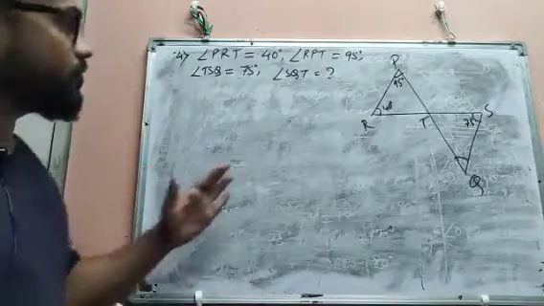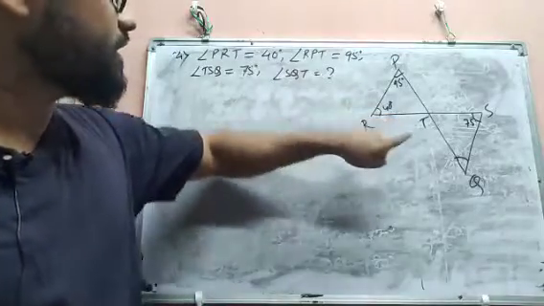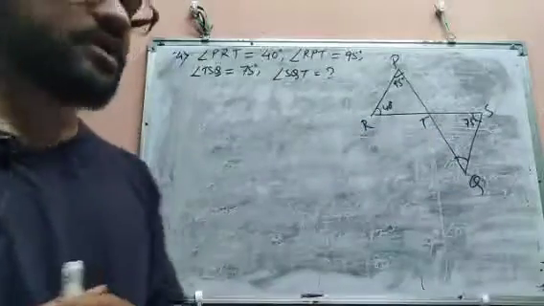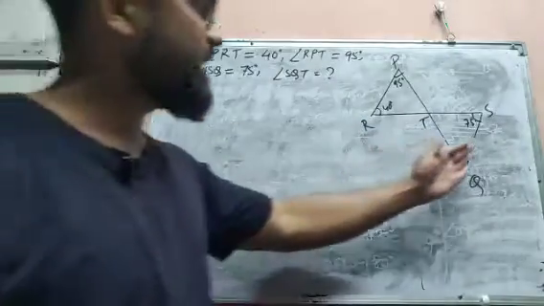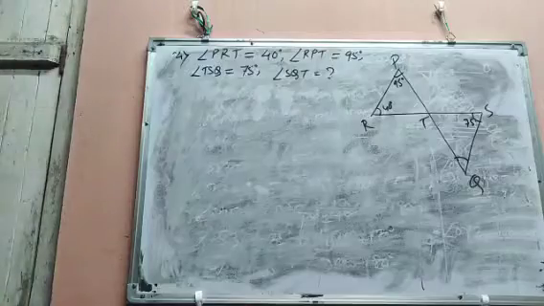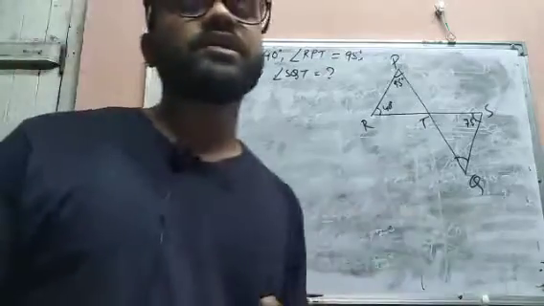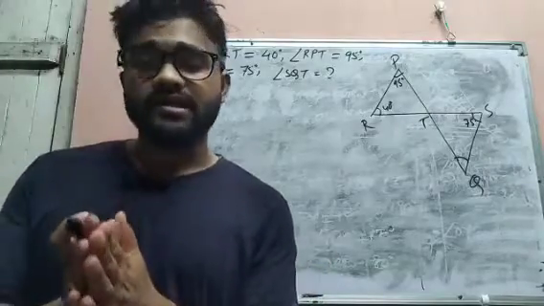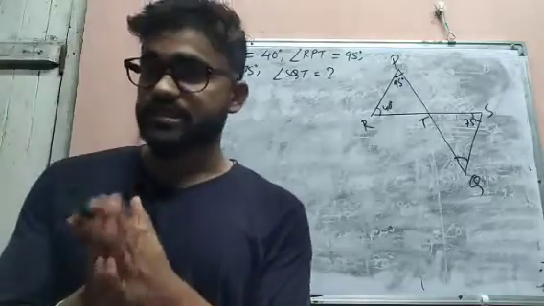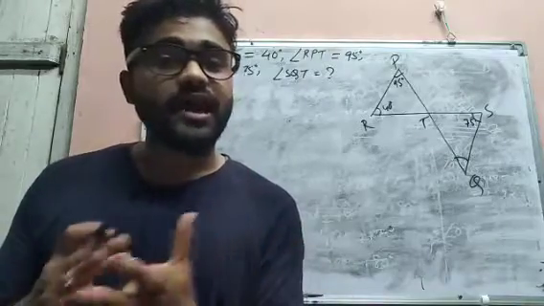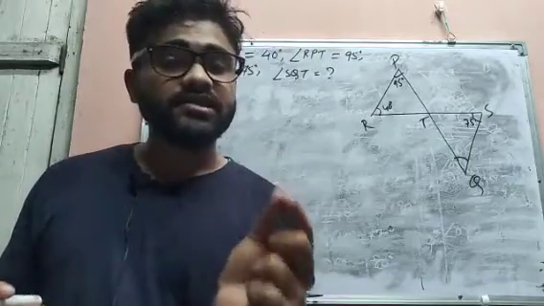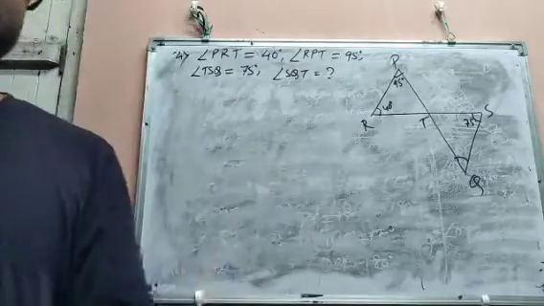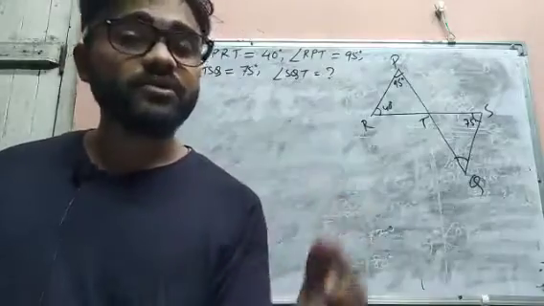Okay, see the diagram. We have been given angle PRT 40 degrees, angle RPT 95 degrees, and angle TSQ 75 degrees. And we are asked to find angle SQT. To find that angle, we have to use the exterior angle property. That means, when one side of a triangle is produced, the exterior angle of a triangle is always equal to the sum of the two opposite interior angles.